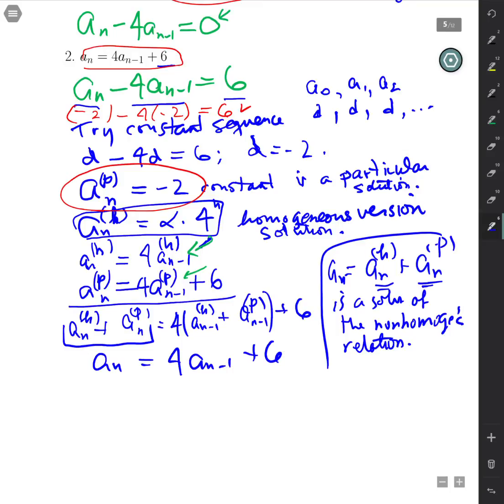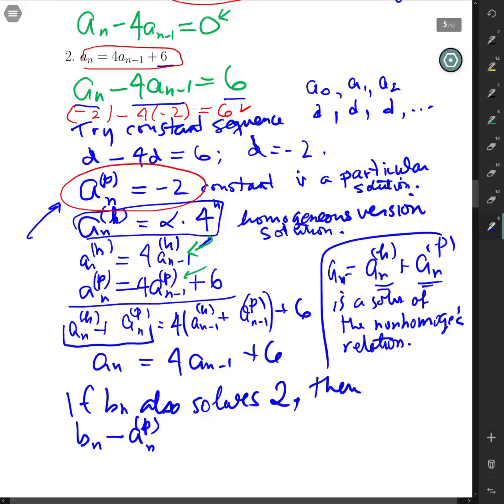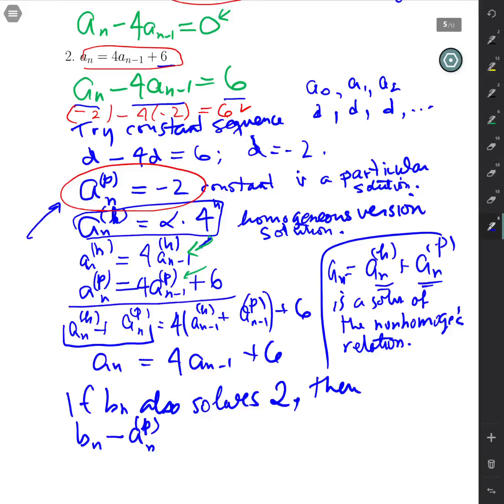Suppose you have another one. If b_n also solves it, like so, then let's just check this out and say, okay, what about b_n minus a_n^p, the particular one? a_n^p, the particular one, is the circled one up here, the particular one we found, and this will work in a general way, not just in this particular equation.